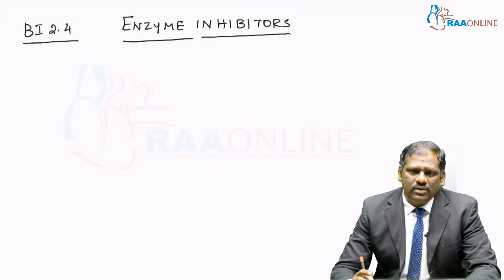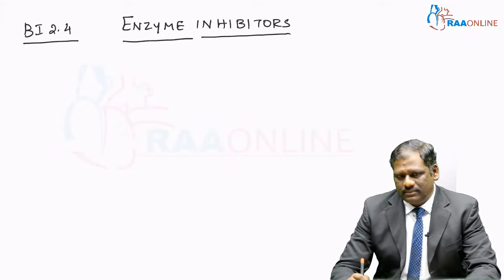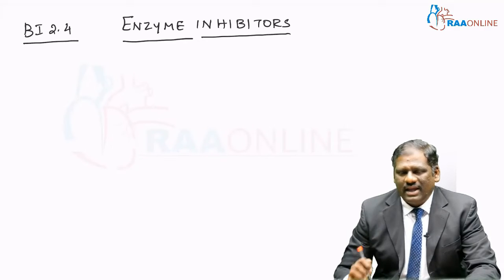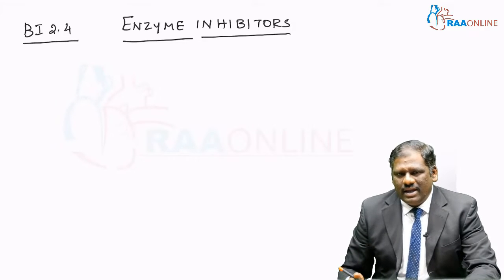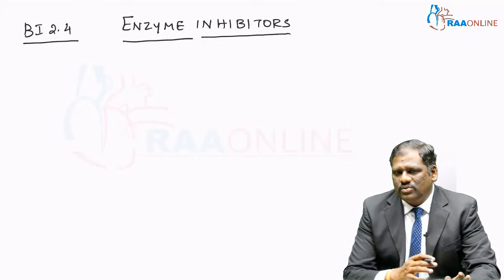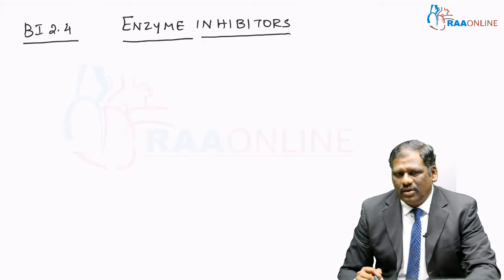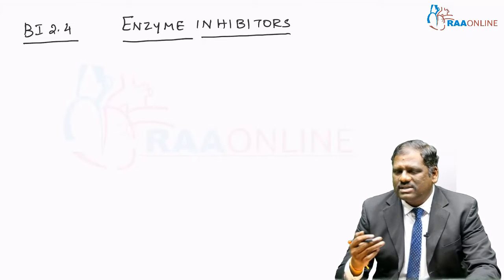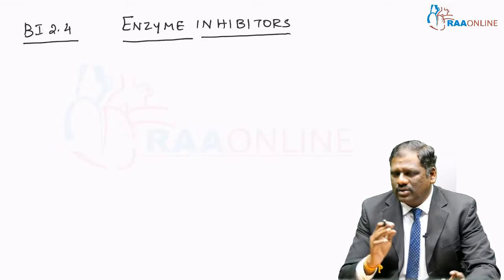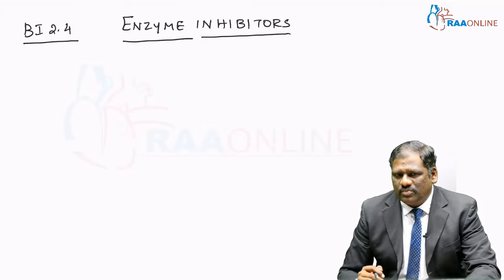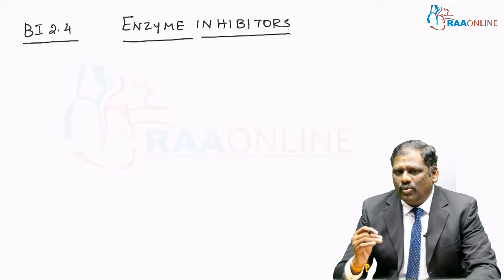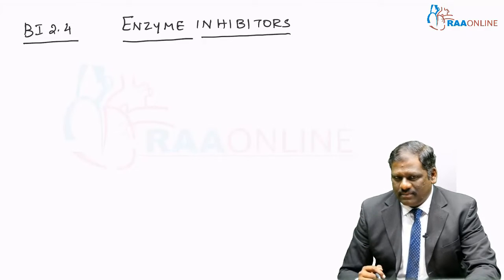So what do you mean by the term inhibitor? What is the role of an enzyme first? Enzymes are actually biocatalysts. They help in conversion of a substrate to some kind of a product. How does it do that? It does that conversion from substrate to product by decreasing the amount of activation energy.